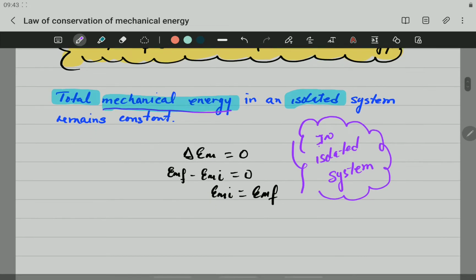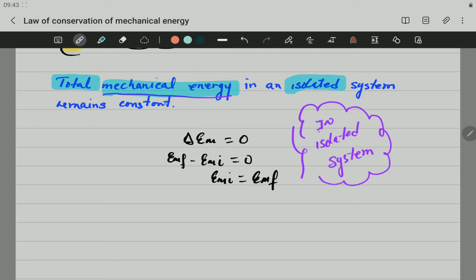So if we carry on here a little bit more, remember in grade 10 you learned that mechanical energy is equal to the sum of potential energy plus kinetic energy. That is mechanical energy, and it must be substituted in the final mechanical energy as well as in the initial mechanical energy.